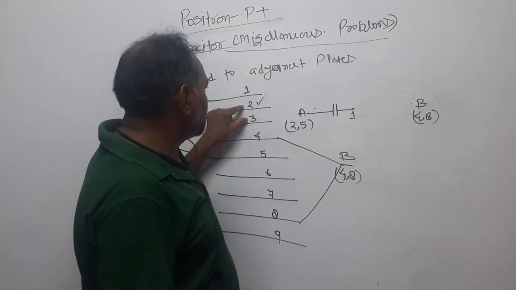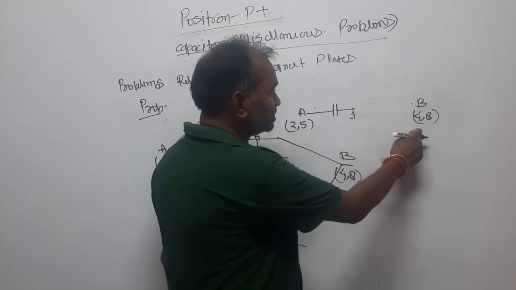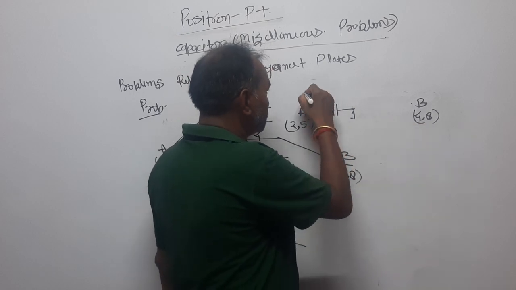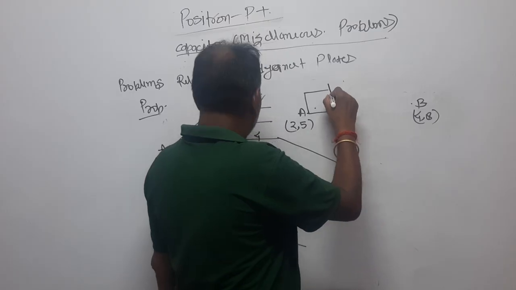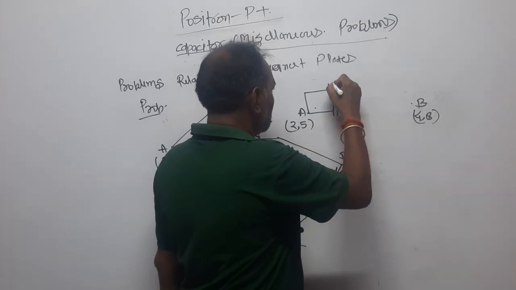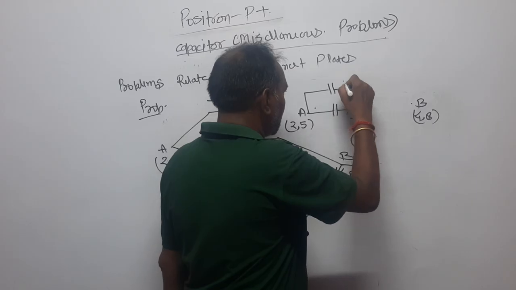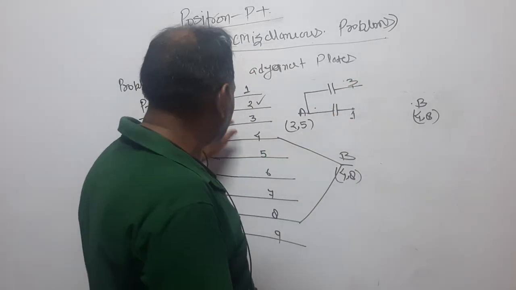Now, between 2 and 3. So 2 is here, but 3 is not connected. So I am writing plate number 2, and here writing 3. So between 2 and 3 there is a capacitor.